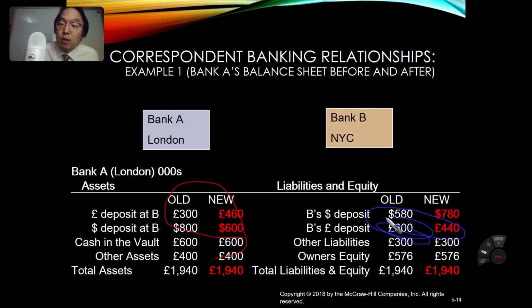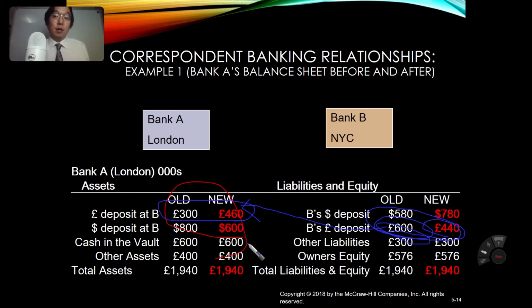British pound amount of Bank B decreased by 160, and that decrease was offset over here by increase in British pound in asset side.